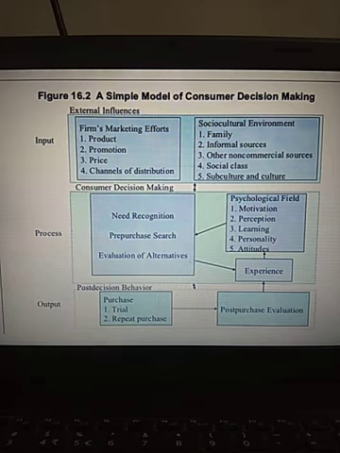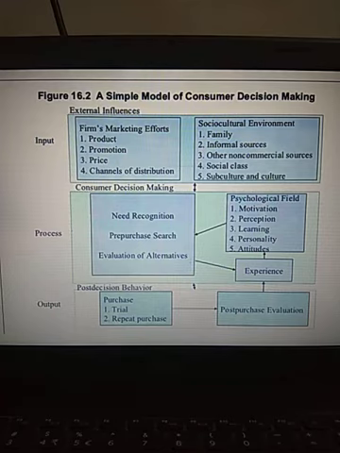The input generally comes from various sources, like external influences. The best examples are product promotion, price, and channels of distribution. Through the advertisements and the features of the products, the consumer is going to develop interest in that product.